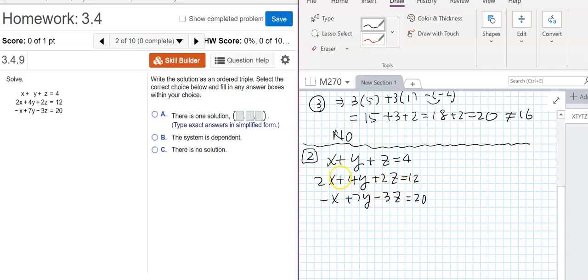So they want you to solve this one. They want you to find the numbers x, y, z such that it satisfies all three equations.